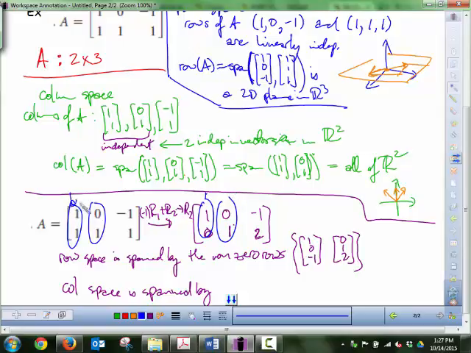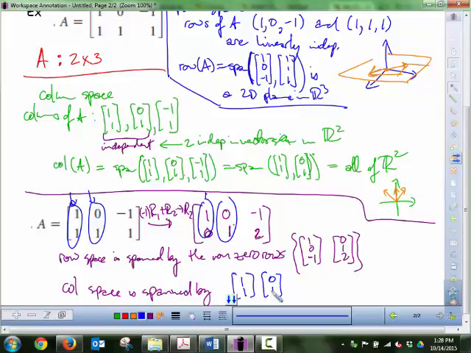So the two columns in the original matrix would be the columns that we're looking for, 1, 1, 0, 1. Okay. We'll get a better example with a larger matrix to deal with this stuff.